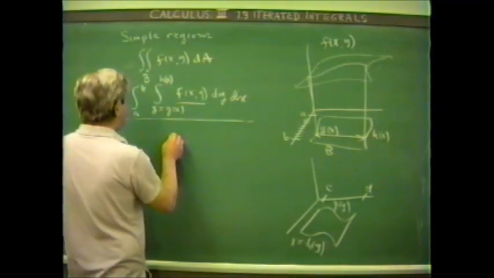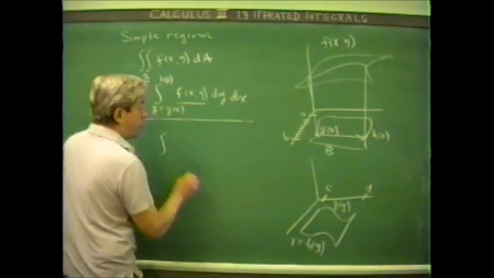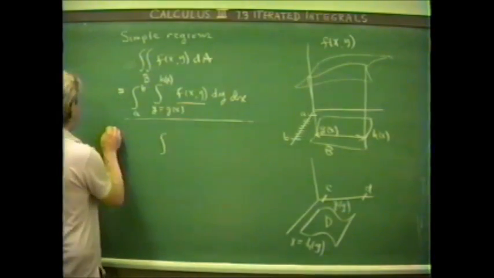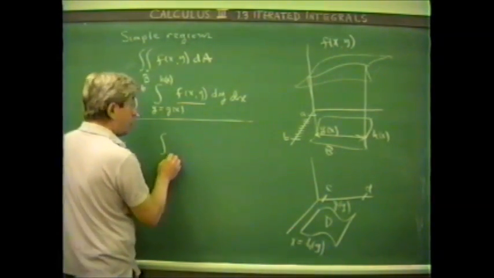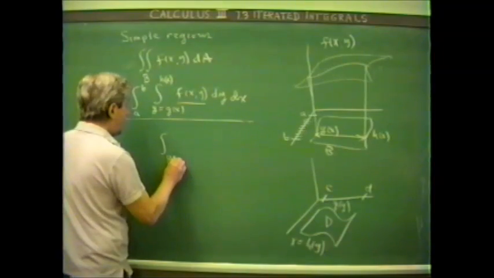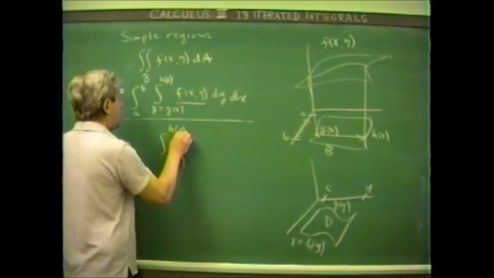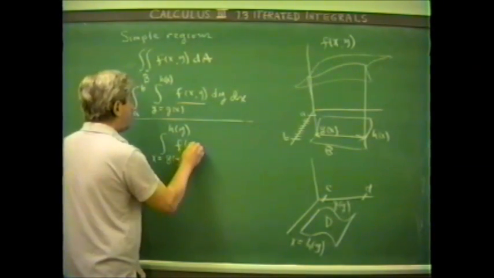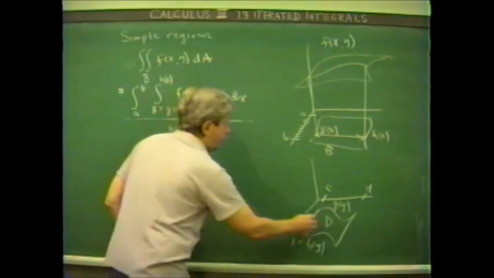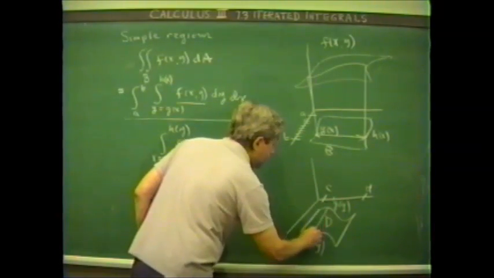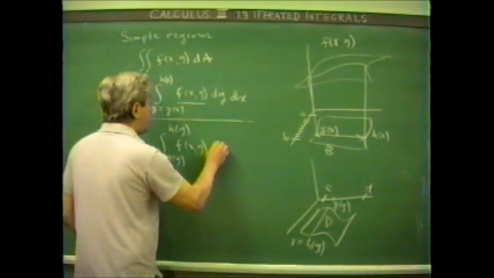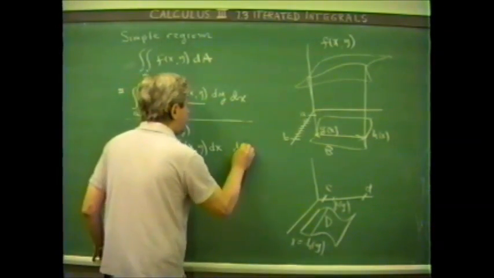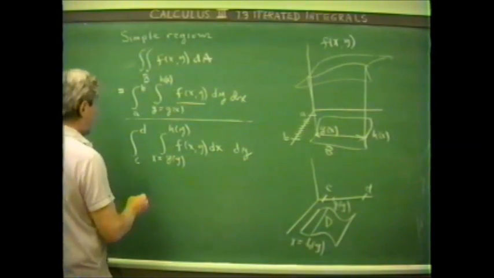In that case, the integral over this region D can be computed as the integral from x equals g of y to x equals h of y of f of x and y. Here we want to fix a value and integrate across this way, so this is with respect to x. We wish to integrate from c to d with respect to y.